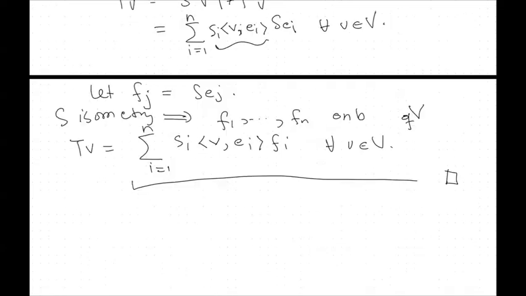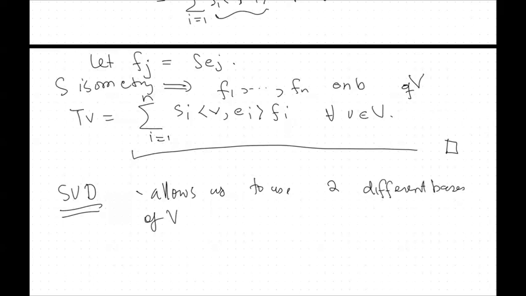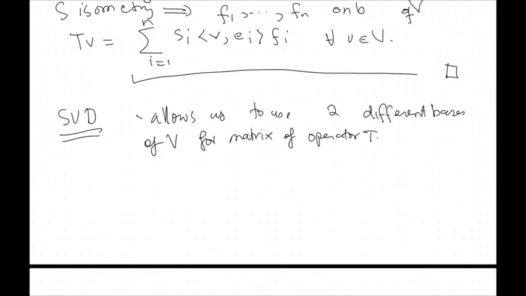So here, what singular value decomposition allows us to do is use two different bases of our vector space V for our matrix of the operator T. So how do we do that?